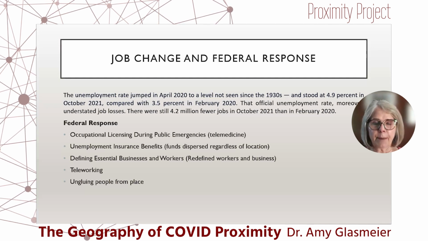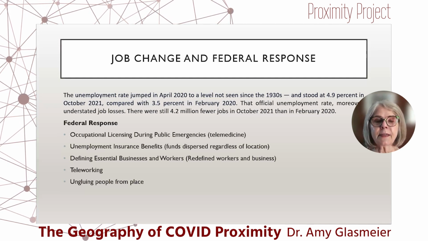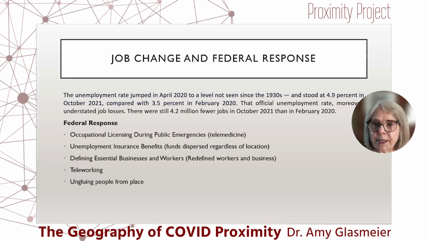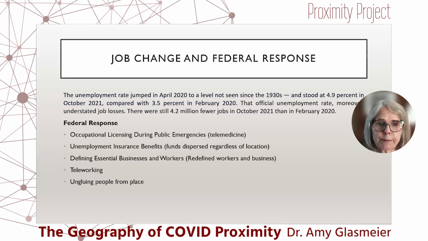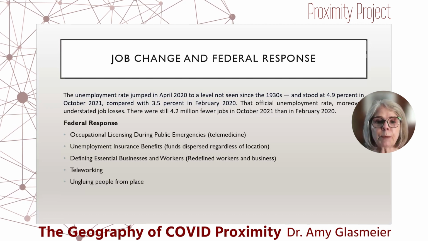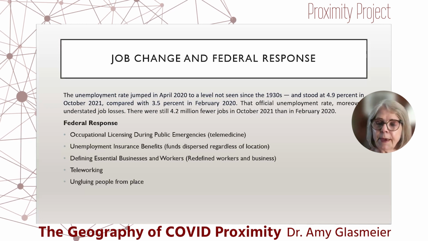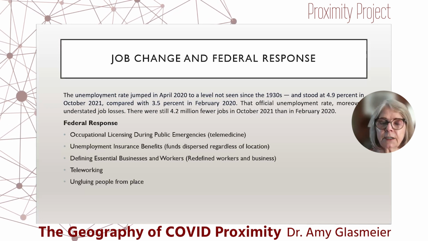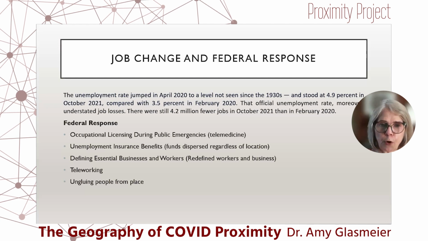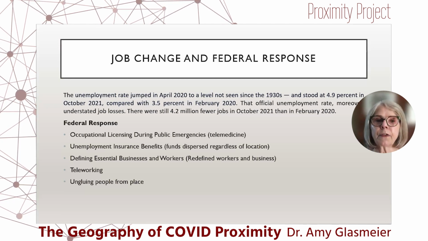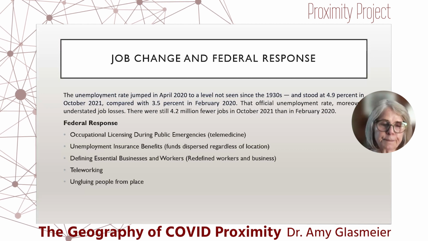Another issue that happened very quickly was that Americans lost their jobs. So the federal government developed a series of programs that gave people who had previously been employed, who were unemployed, a stipend of $600 a week for 4 weeks a month till the fall of the first year of COVID.